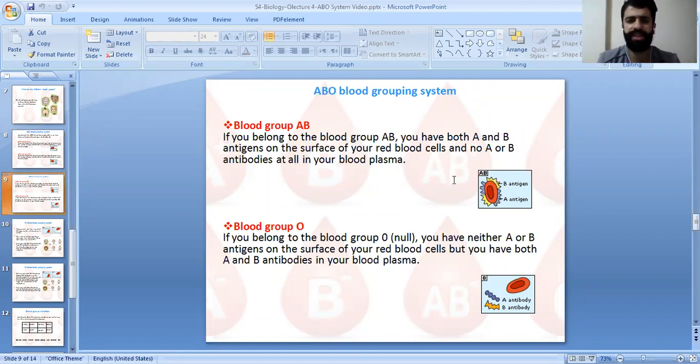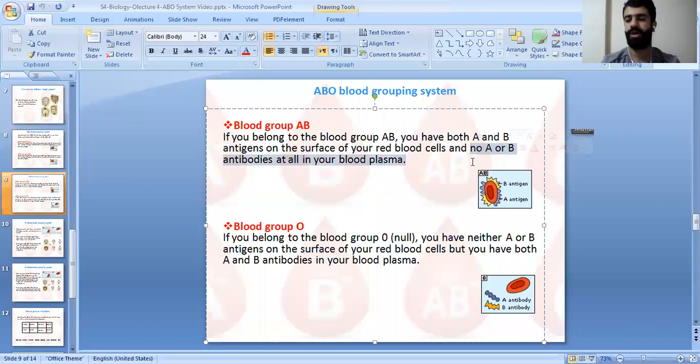What type of antibodies do we have? If I have antigen A and antigen B, and I have antibody A, it will attack the antigen A. If I have antibody B, it will attack the antigen B. So the blood group AB has no antibodies. Why? Because we have the 2 antigens, A and B.